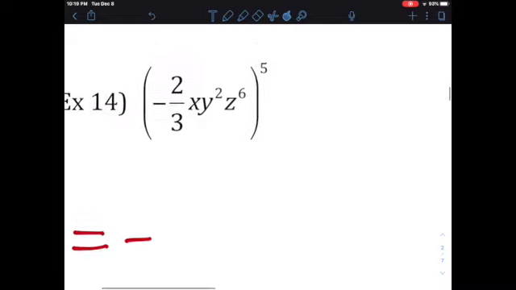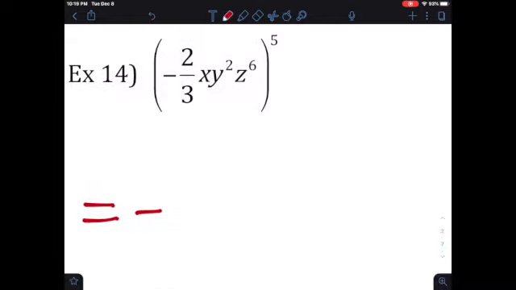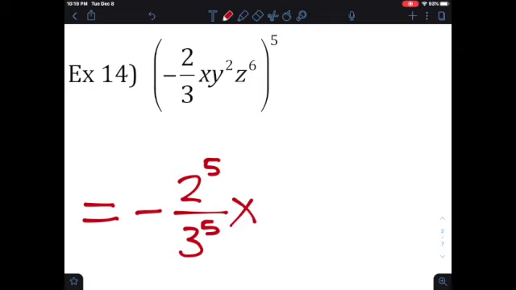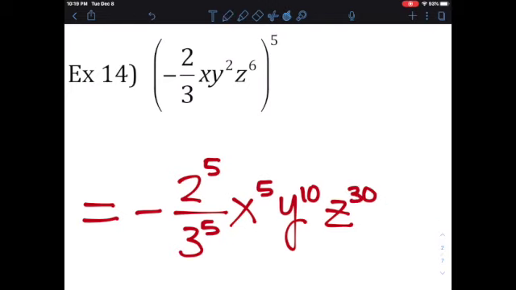So that's 2 to the fifth power over 3 to the fifth power. I also have x, 5 of them, y, 2 times, but 5 of them, that's 10. Z, 6, but 5 of them, 30. I hope you can think about it like that.